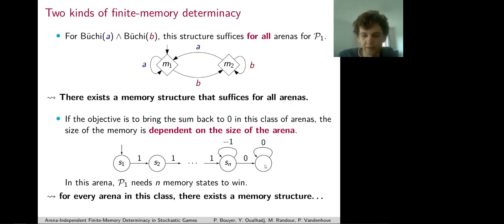To do that, player 1 needs to take that edge n minus 1 times and then go to that state. And it's not possible to do that using fewer than n memory states. And so n memory states are both necessary and sufficient to win in every one of these arenas for player 1.